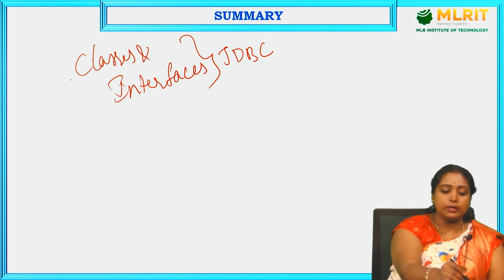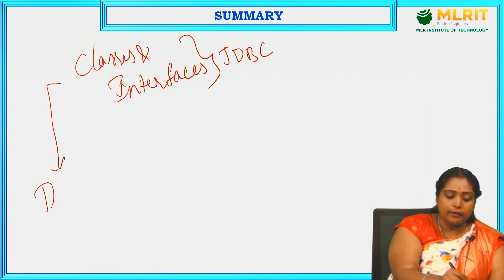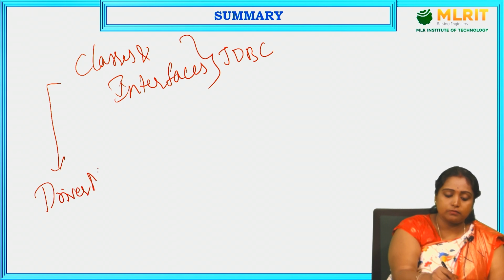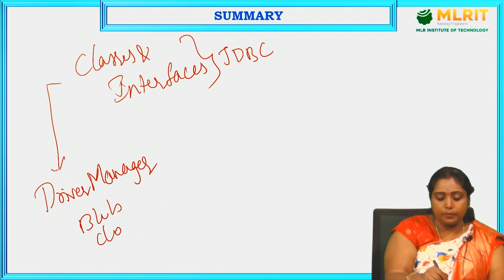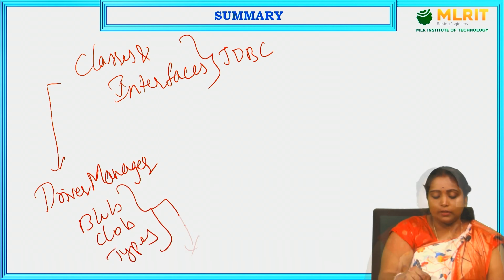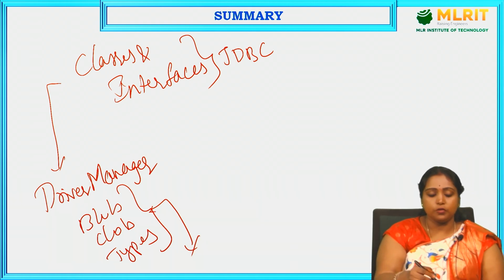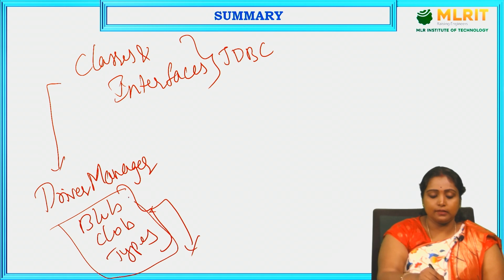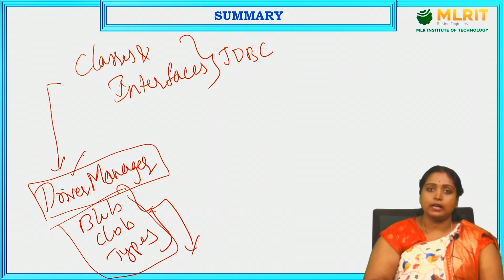Coming to the classes, the classes that support JDBC are DriverManager class, Blob, Clob, as well as Types. So these are the classes. We are excluding some of these, partially, as we won't use them further, so I will not discuss these. Just we have a list here. We are using the DriverManager class, so here we have discussed the DriverManager class.